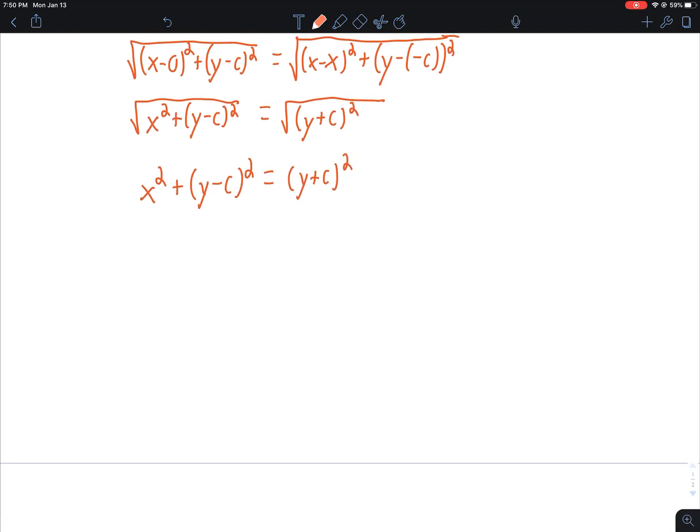And now I'm seeing where this is going. I'm going to FOIL both of those out. So x squared plus y squared minus 2yc plus c squared equals y squared plus 2yc plus c squared.